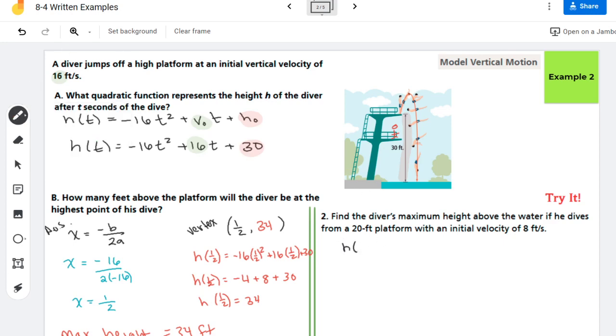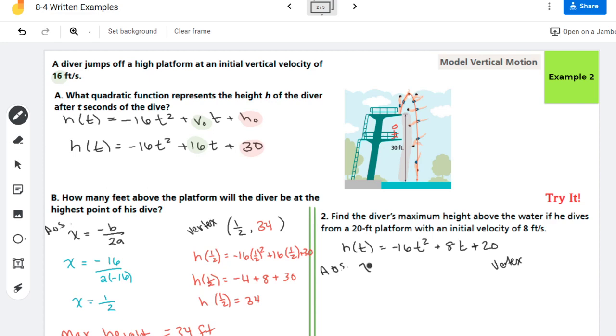So my formula in this case would be negative 16t squared plus 8t plus 20. That's a much smaller equation. Again, I'm going to find my axis of symmetry and then use that to find my vertex.